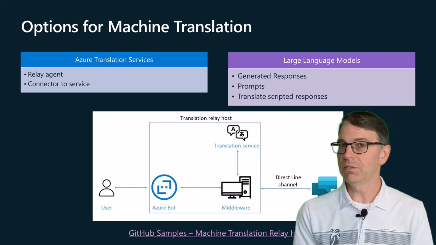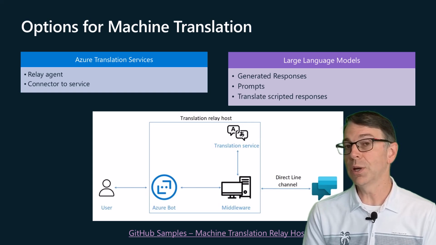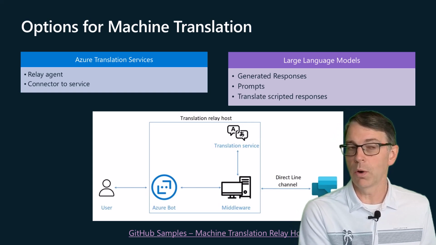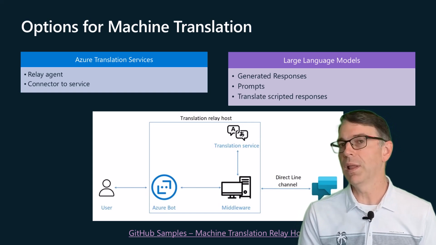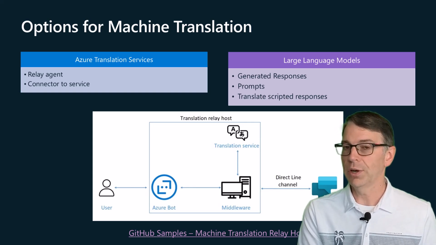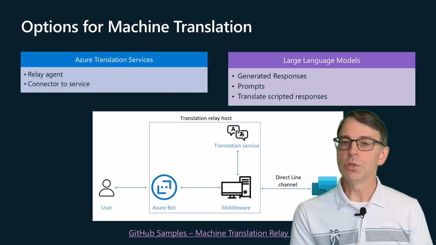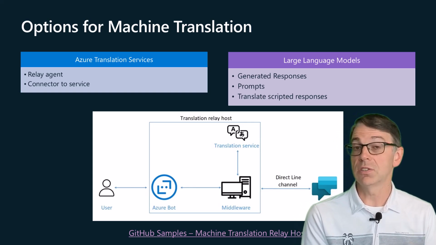Now, the benefit of this is that you can translate to languages that Copilot Studio doesn't even support. And the language setting that we were talking about before is kind of irrelevant because it's doing it as an appliance in front of your particular agent. Now, there are some negatives with this, because you do need to think about the fact that it's going to be its own service and it's its own thing.